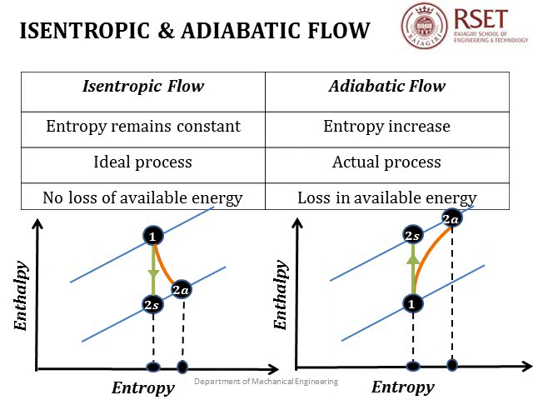And we know that reversible processes are highly idealized processes. Hence, we can say isentropic flow is an ideal process, whereas adiabatic flow is an actual process. Entropy remains constant during an isentropic flow, whereas there is an increase in entropy during adiabatic flow.